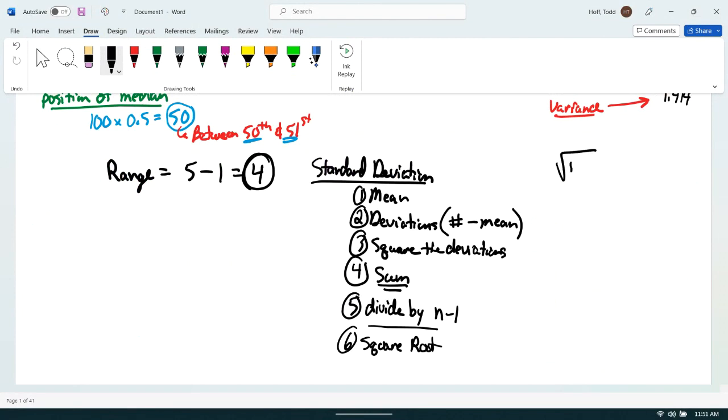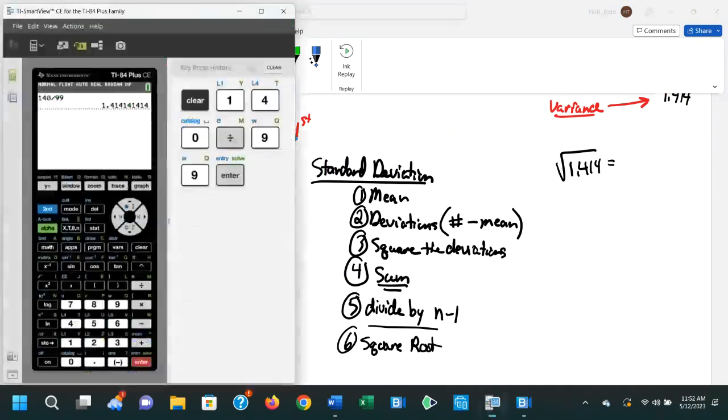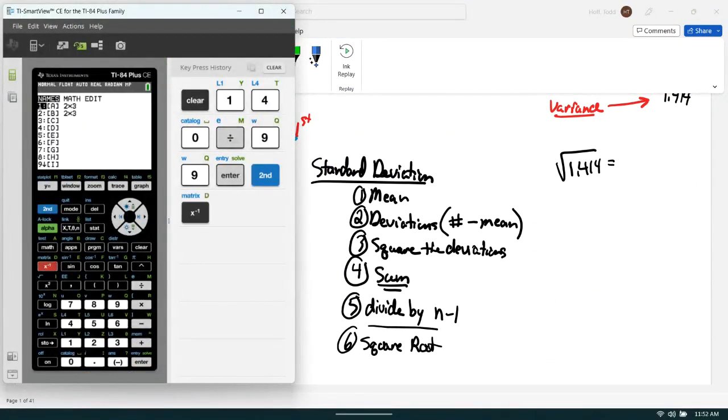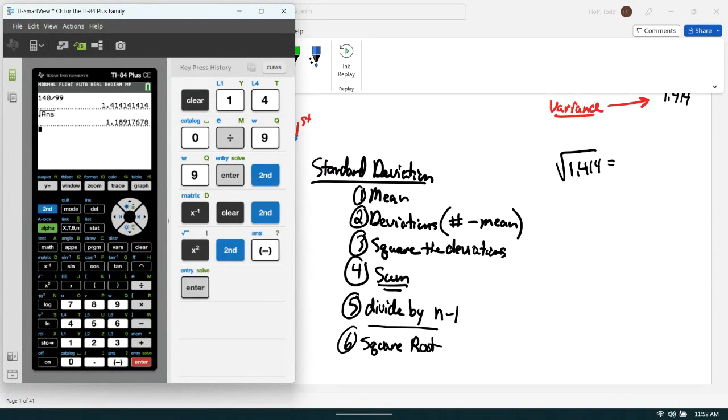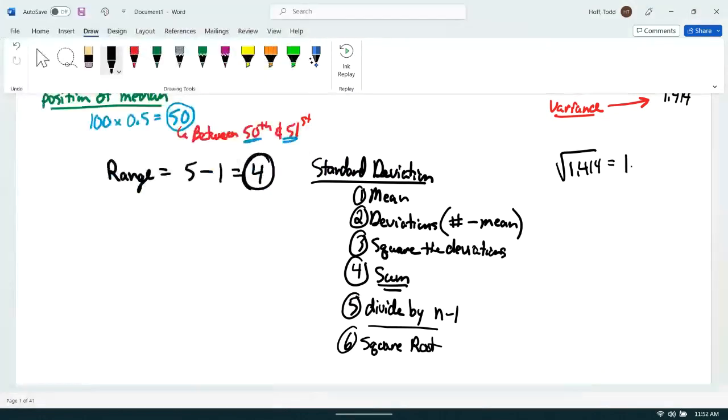So the square root of 1.414 is 1.189. That is our standard deviation.